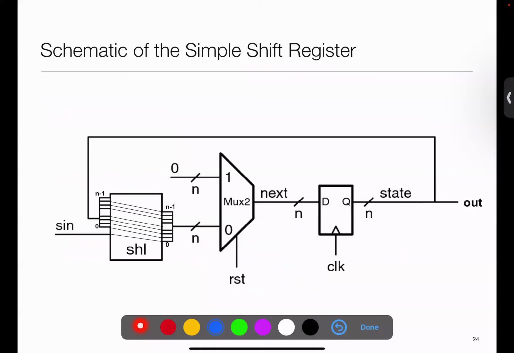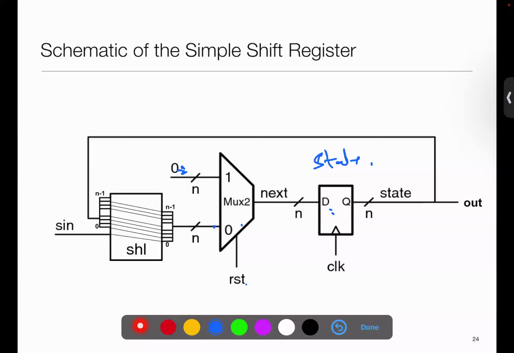So this is how it looks. The logic here is just a multiplexer, and I have a clock driving the state. This is where my state is being held. Then I have two choices. If reset is high, then I load a 0. Otherwise, what you're seeing here is really wiring.